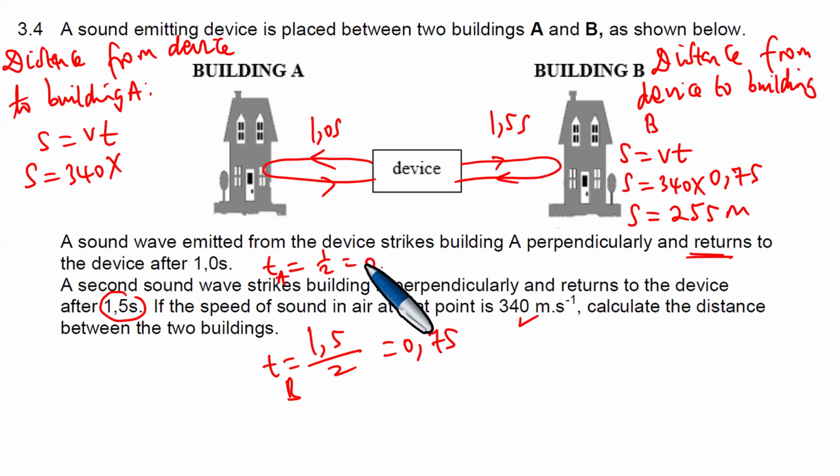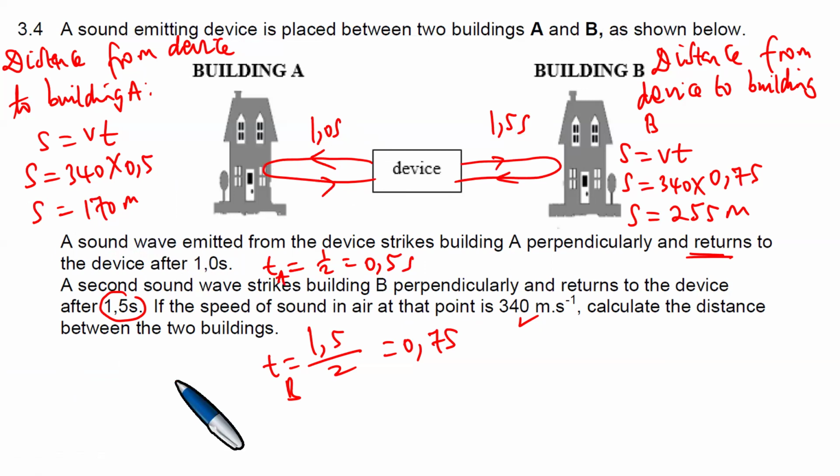You divide by 2, which is 0,5 seconds. And therefore this is 340, multiplied by 1/2, which is 170 meters.